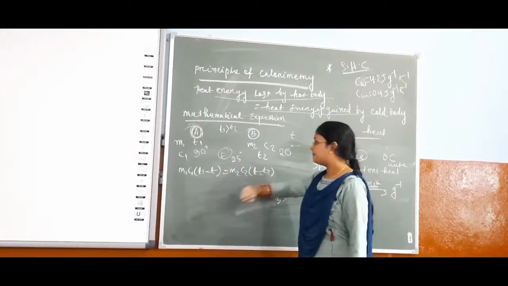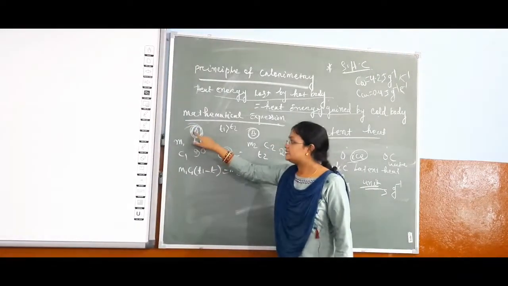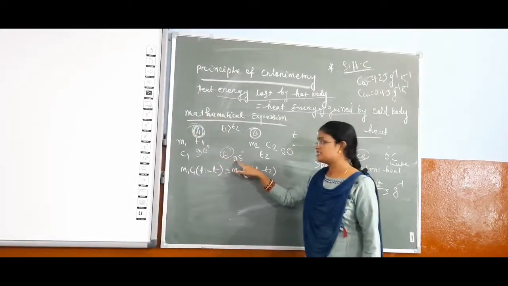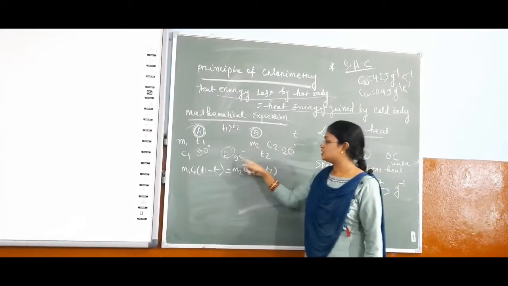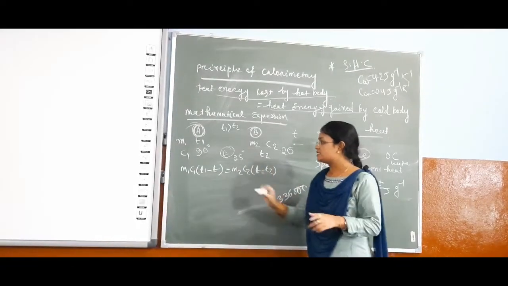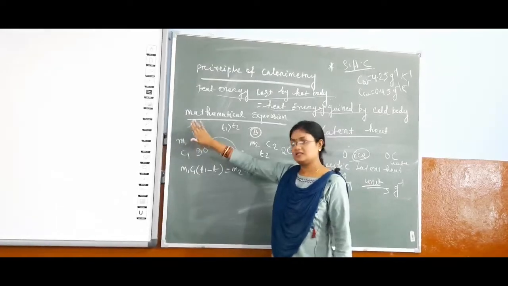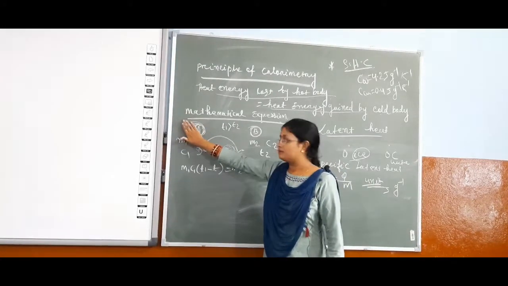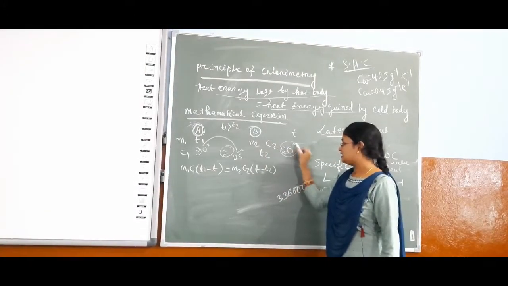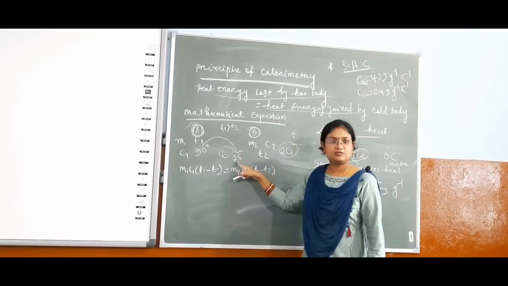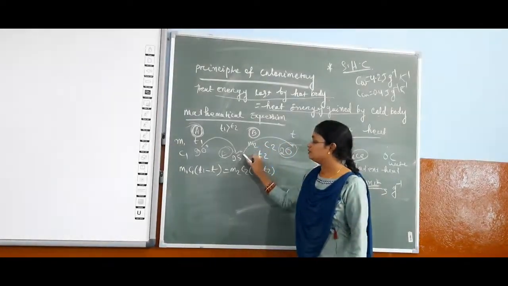Compare the first body temperature with the mixture: its temperature goes from 30 to 25, that means heat is lost by body A. Initially body B has temperature 20, and now the mixture temperature is 25, so its temperature increased from 20 to 25.